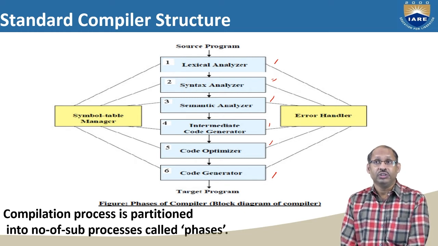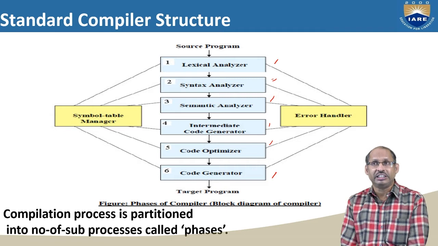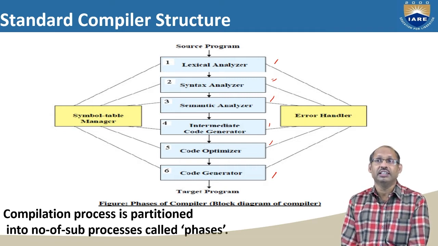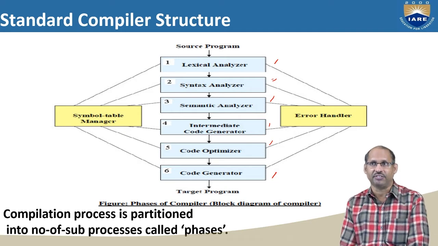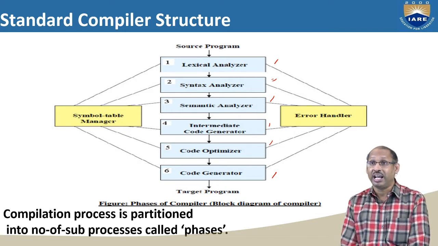Right? So the output syntax trees of the syntax analyzer will be the input to the semantic analyzer. The semantic analyzer will check the execution of the syntax trees. The syntax trees are syntactically correct according to the programming language, but the execution status will be checked by this semantic analyzer.